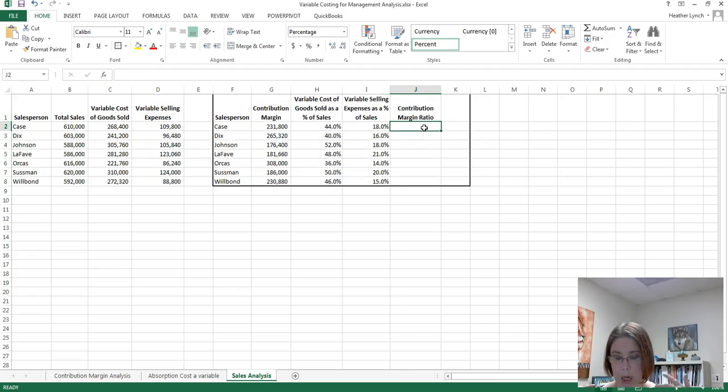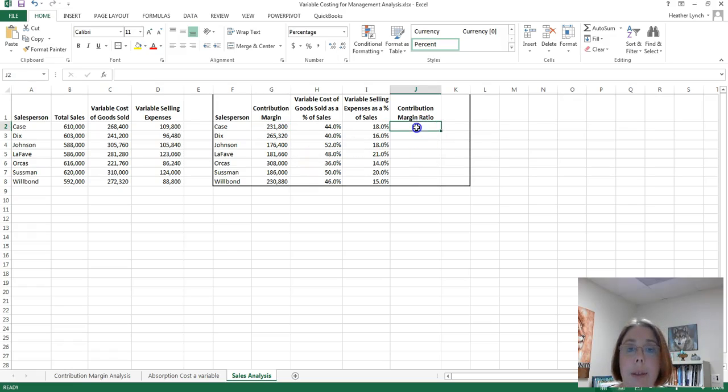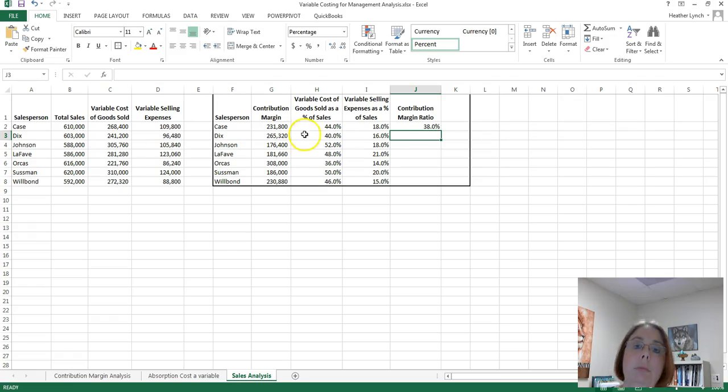Okay, contribution margin. So remember, contribution margin, we want it as a ratio. We already have our contribution margin that we found here. And on that one, we can take our contribution margin, divide it by our total sales.